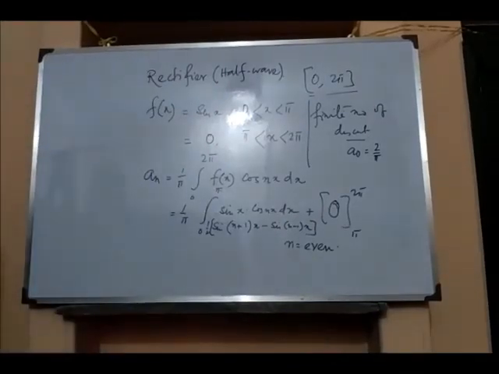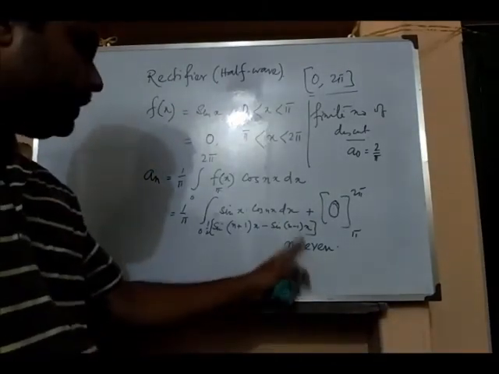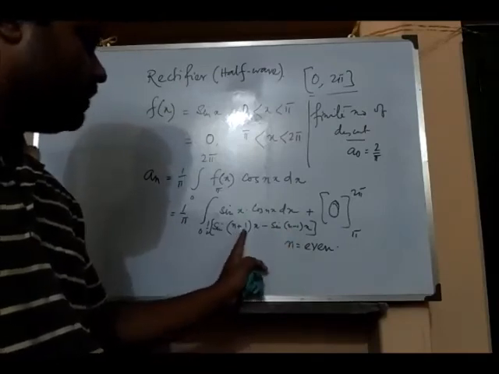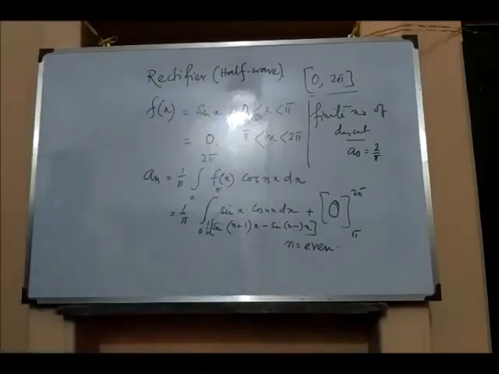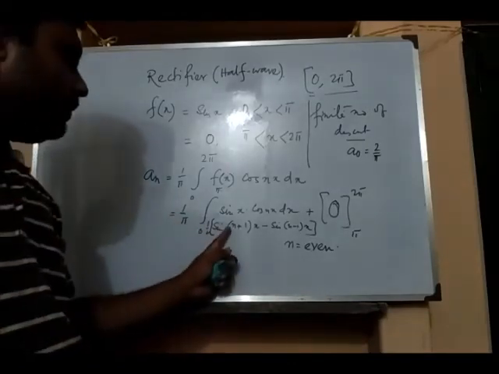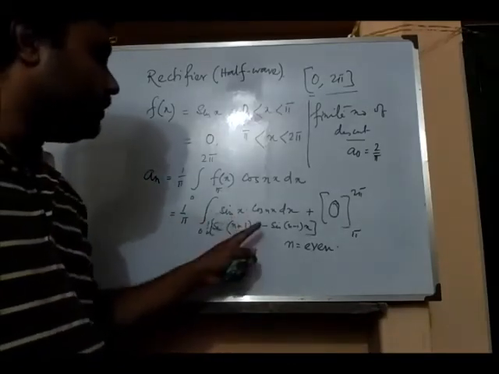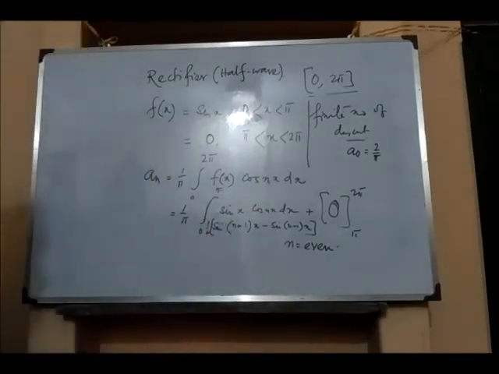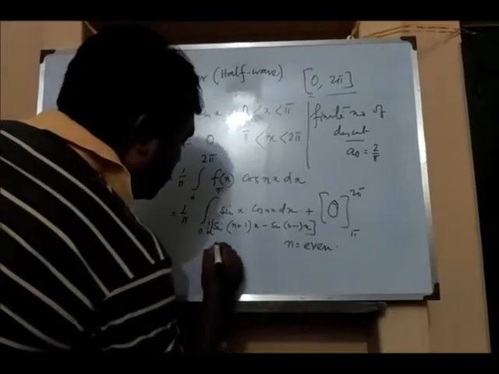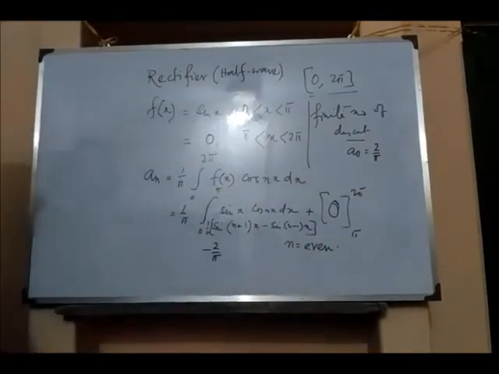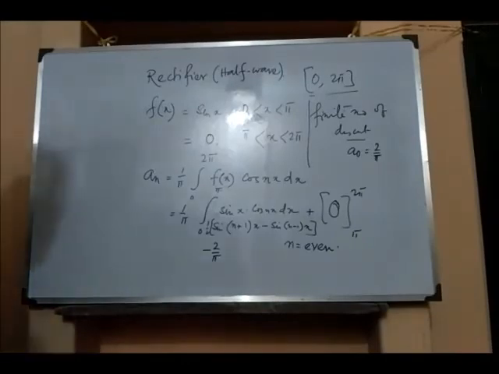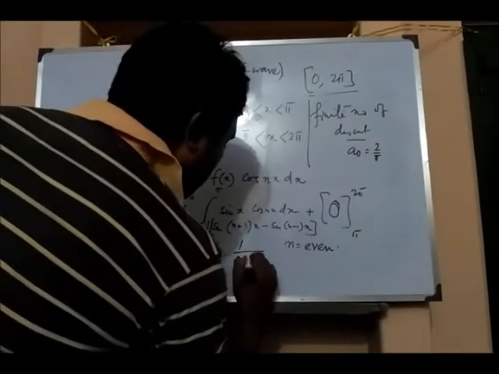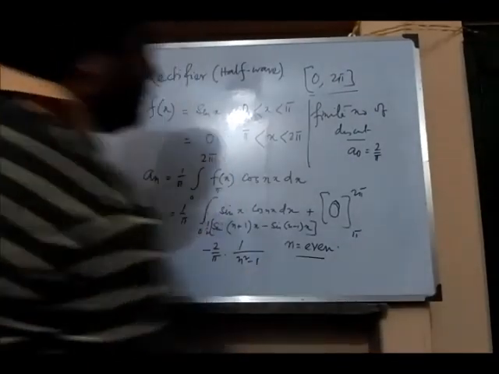Okay, so when n is even, then n minus 1 or n plus 1 becomes odd. So this returns the factor minus 1 for cos nx, which in turn gives us a result minus 2 divided by pi times 1 upon n squared minus 1 when n is even.